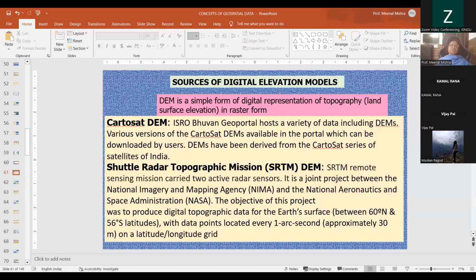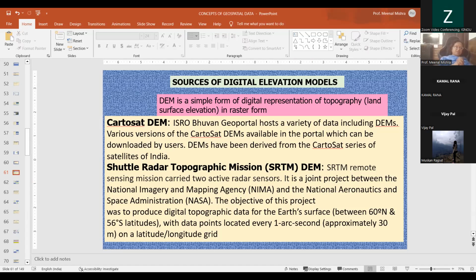In 2000, the space shuttle Endeavour started, and SRTM is part of it. It has two active radar sensors, that is SIR-C of NASA and X-SAR of DLR with ASI participation.